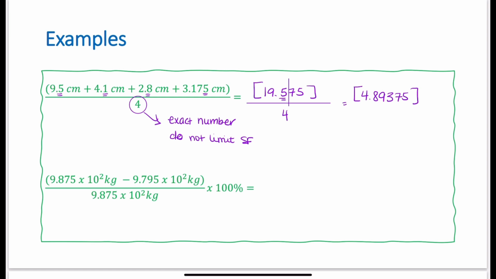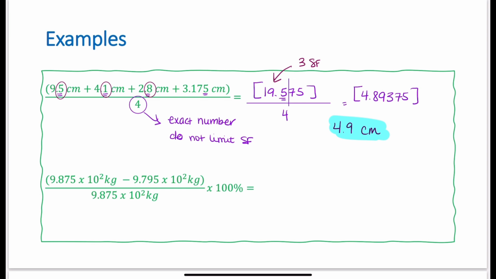We followed the rules properly, but at this point, this looks like it has 3 sig figs. But again, this is a summation of measurements looking for an average. My least precise measurements are all precise to the tenths position. So my final answer is also limited to that same value. My final answer here will be 4.9 centimeters. I cannot make my measurement more precise than my least precise measurement.